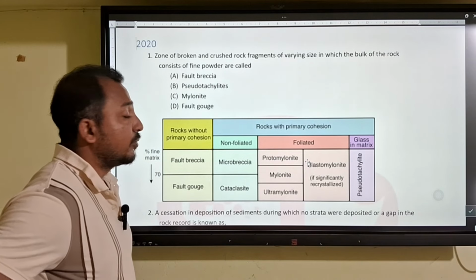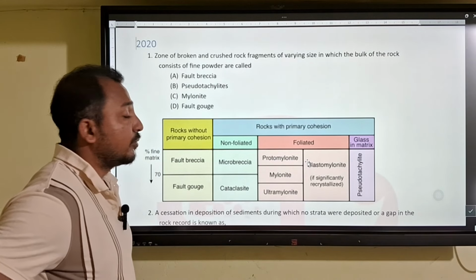So first question is: a zone of broken and crushed rock fragments of varying size, in which the bulk rock consists of fine powder, is called as. A zone of broken rock means there should be a brittle rock. Broken and crushed rock indicates brittle rock.